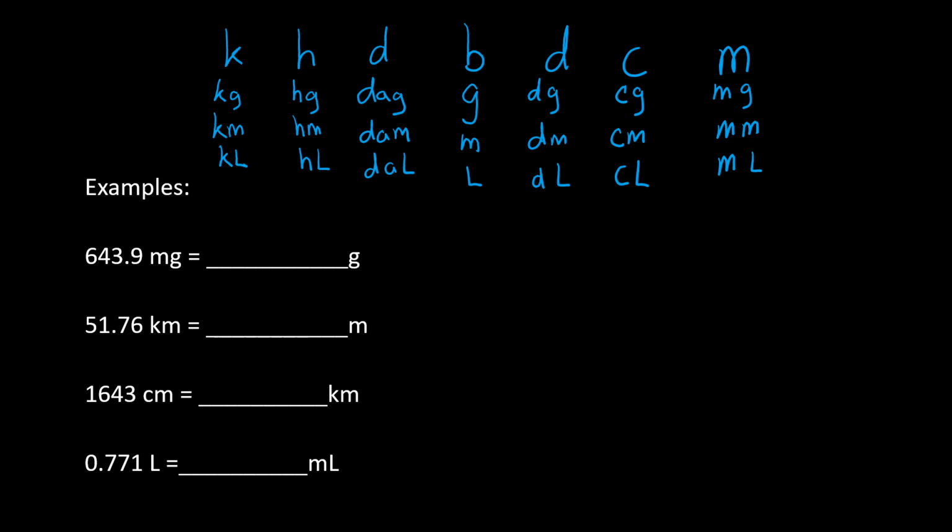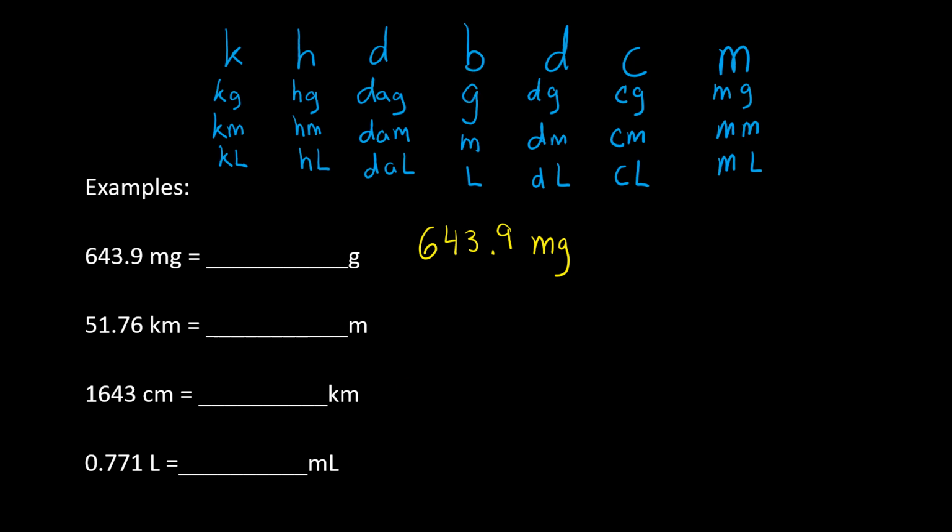So for this one, let me write it over here. We have 643.9 milligrams, and we're going to change that to grams. So we have milligrams over here, which is 1, 2, 3 spots away from the base of grams.